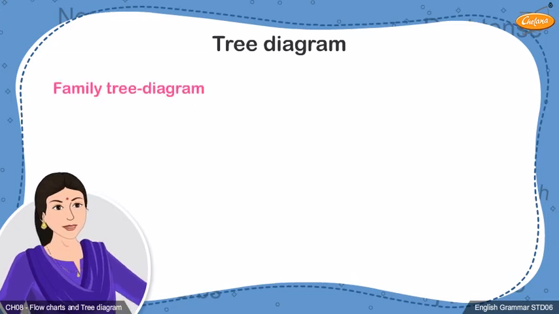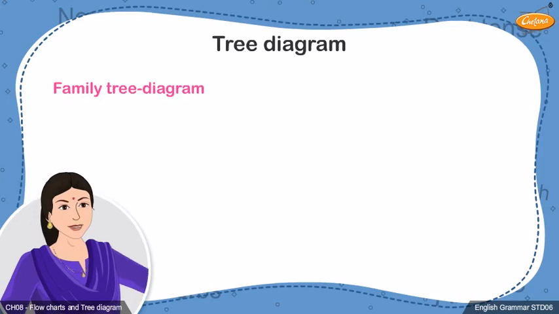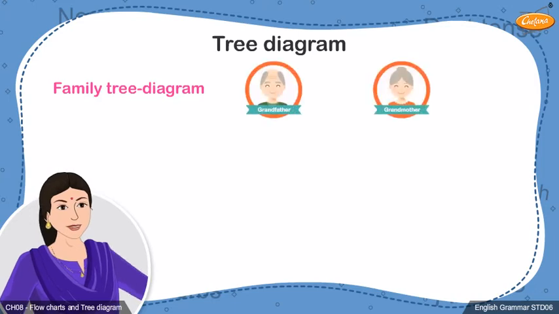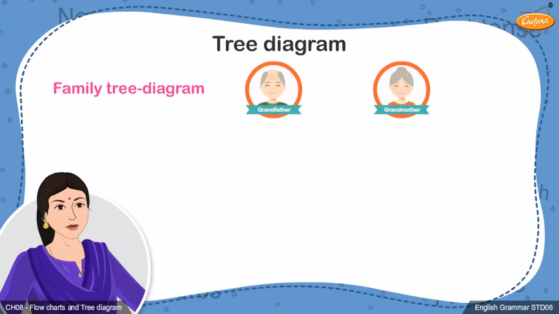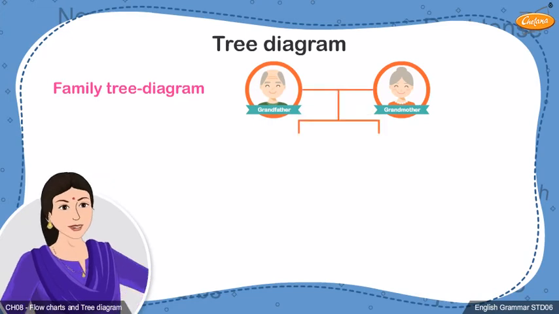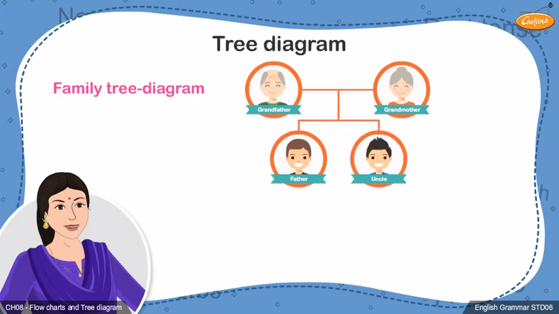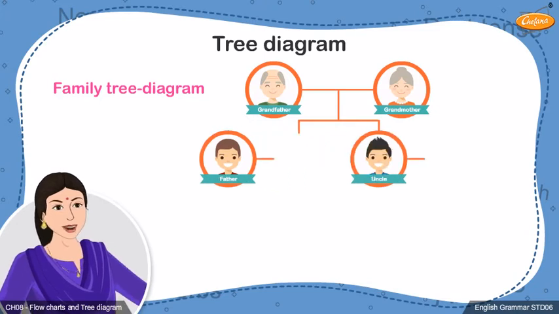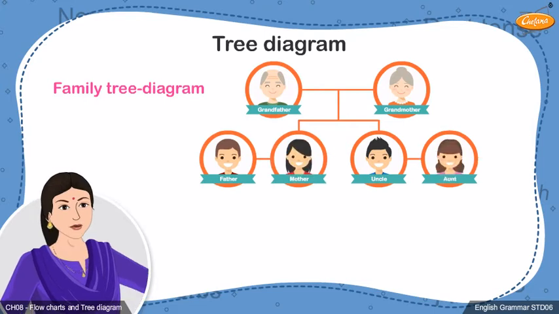In the family tree diagram given on the screen, you can see how the tree starts with grandmother and grandfather. It then branches out to show they had two children, father and his brother, my uncle. It also shows their wives, my mother and my aunt.